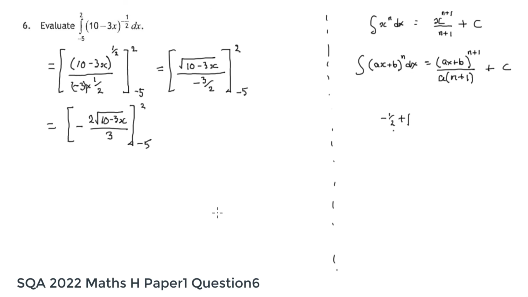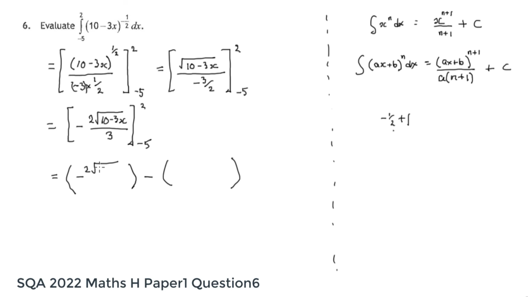Now remember, there's no calculators in paper 1. So it's all fun and games. So in the first bracket we plug in 2, in the second bracket we plug in negative 5, and it's a difference. So let's put that 2 in.